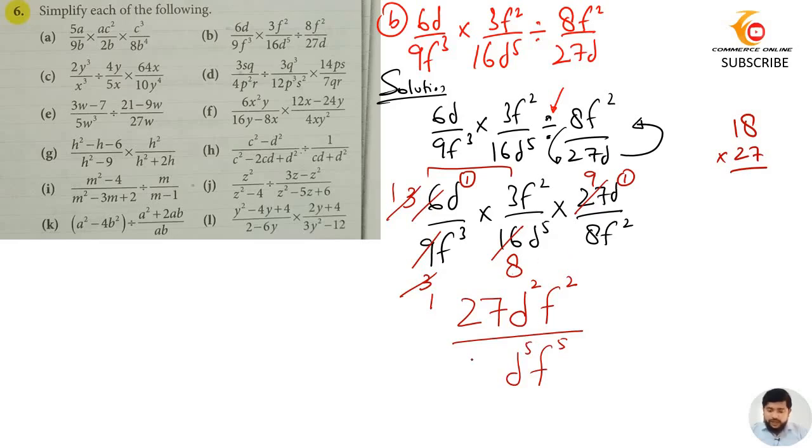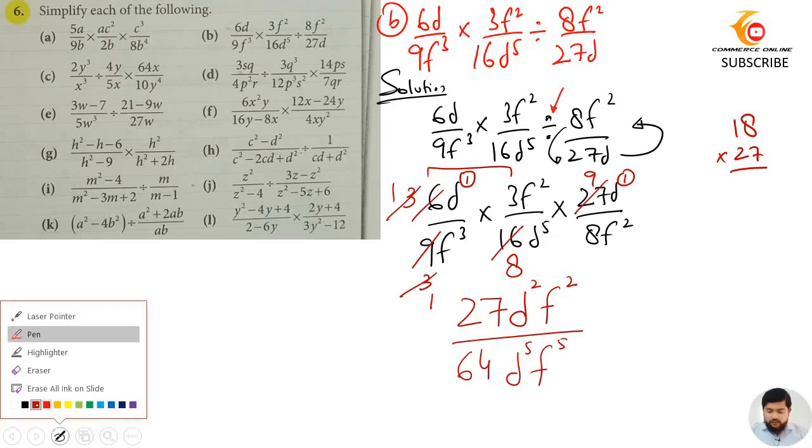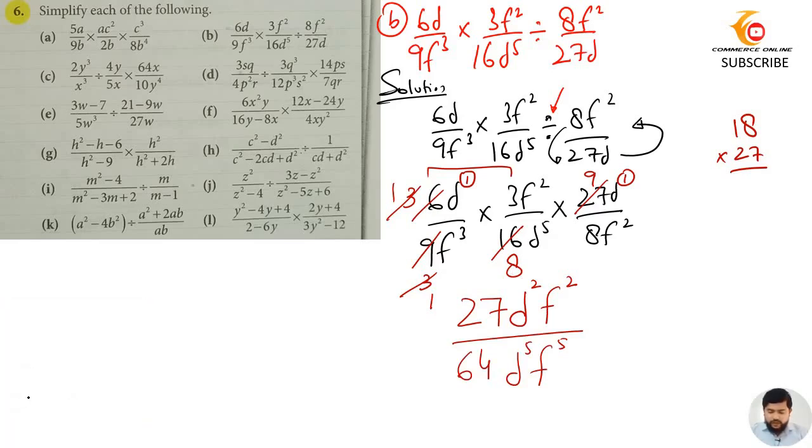So 8 8s are 64. Now we have d square here and d5 here. That will cut the value, and we have d3. f square here and f5 here. That will become f cube.